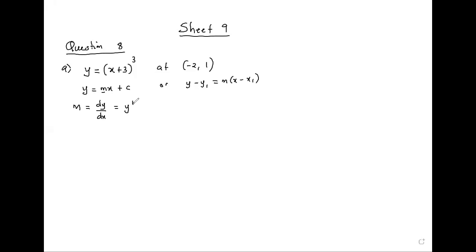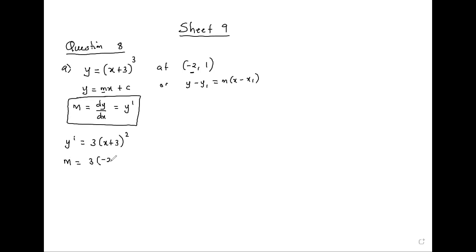So in this case, for our question, we look for y prime, which is 3(x plus 3) squared. And then to find m, in this derivative, where there is x, we substitute the point. We are finding m at a specific point.